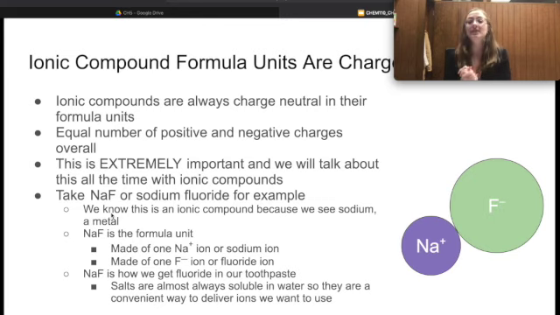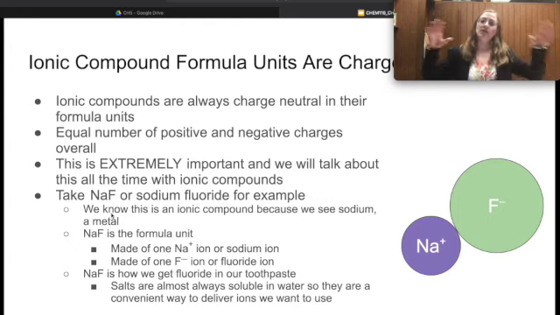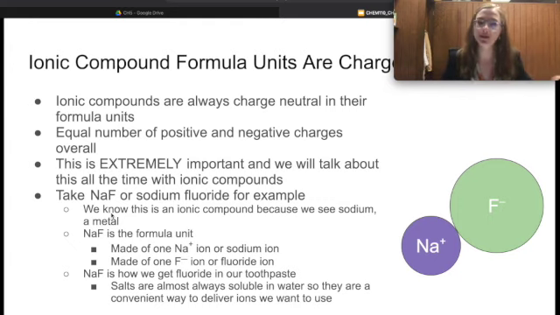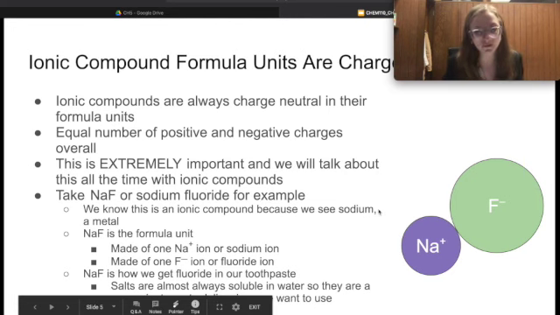Sodium fluoride is soluble in water. So anytime we want to deliver ions like that, we can consider if they're soluble or not, and then we can put it in water. If it's soluble in water, boom, that makes it really easy. So a lot of times, ionic compounds are just great ways to deliver these ions, like sodium fluoride in our toothpaste.